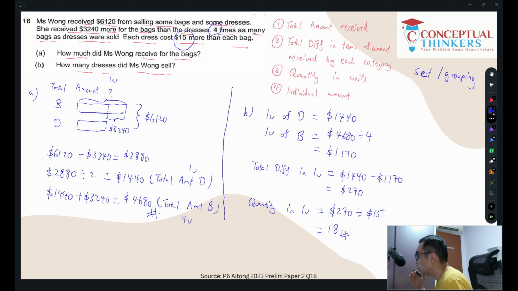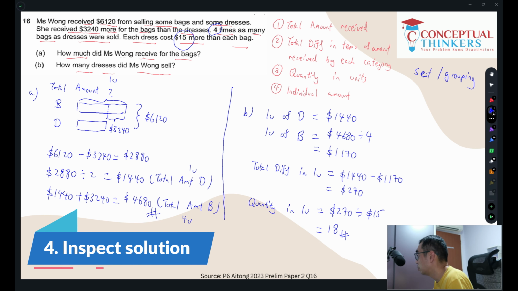So the question can actually change to various types. But our objective is always to find the quantity in 1 unit. I would say this question is slightly easier because they don't require us to do more things, like finding the quantity for the bags or the cost for each bag or each dress.